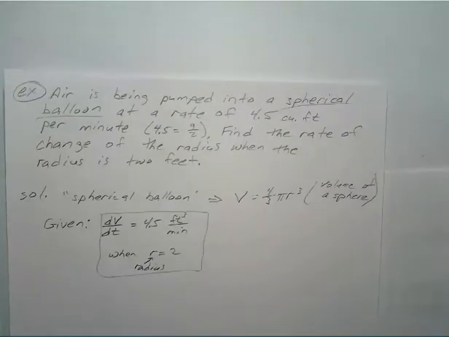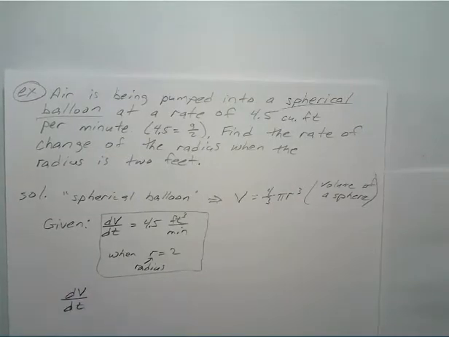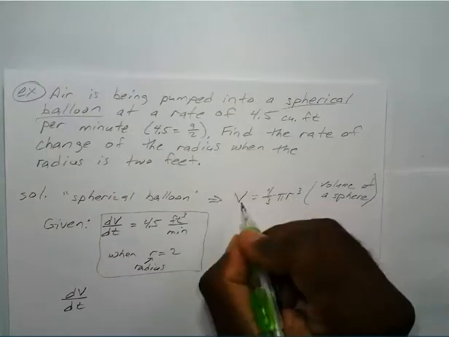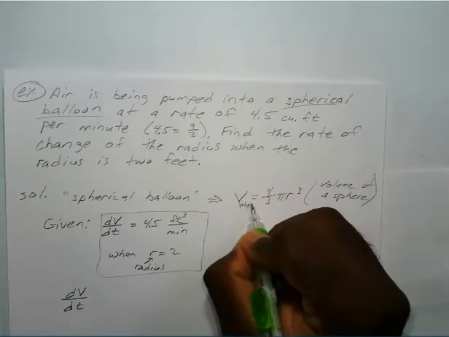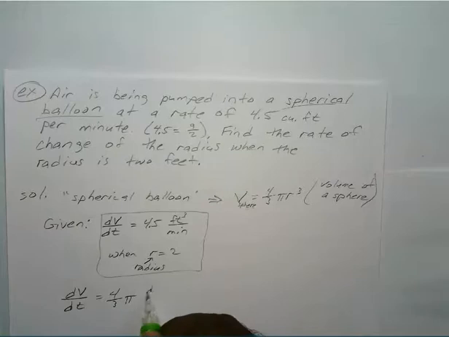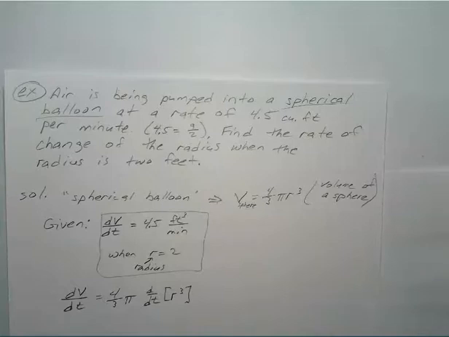Okay, so now what we're going to do is take the derivative of volume with respect to time. Remember, this is our volume of a sphere. And we're just going to factor out the 4/3 pi since that's a constant. And we know that's the derivative with respect to time of the radius cubed.